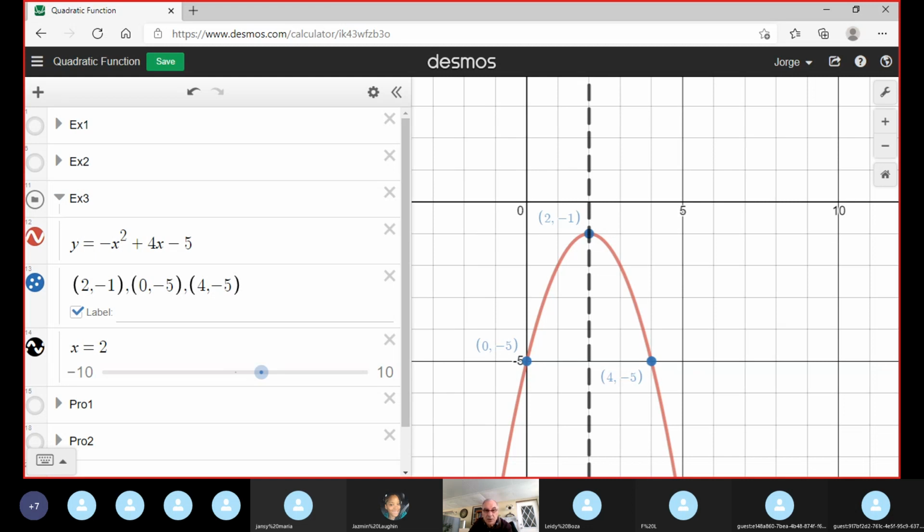So f of x is a quadratic function in my model. This quadratic function has two possibilities, open down, like that, or open up, like that. In the case that it opens down, this point, the vertex, is a maximum. So normally in real life, we need optimization.